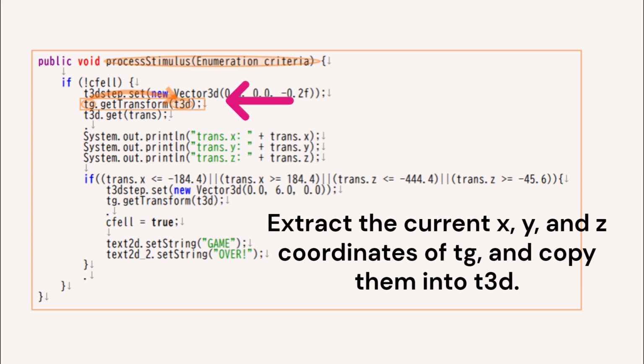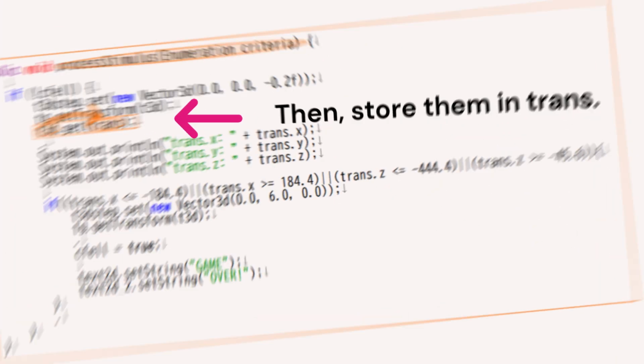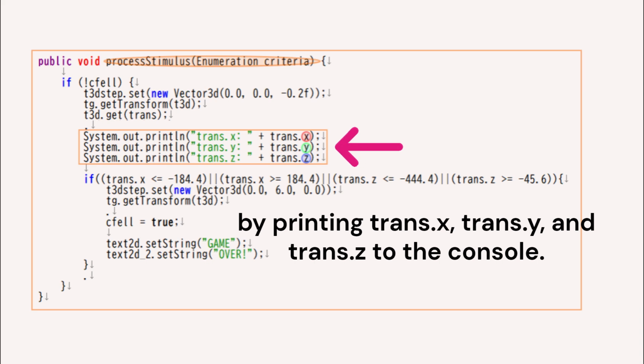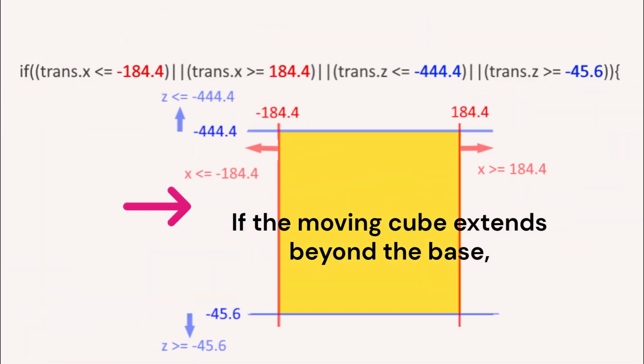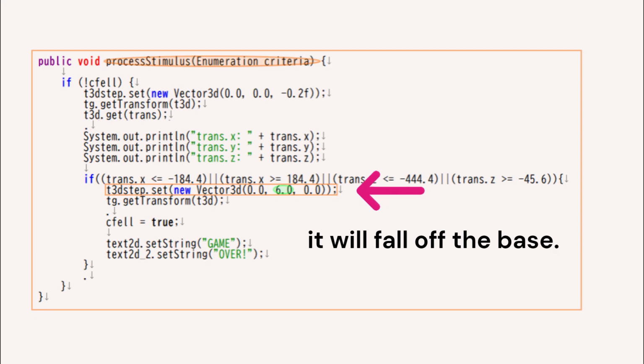Extract the current x, y, and z coordinates of TG and copy them into T3D. Then, store them in trans. You can check the current x, y, and z positions of moving TG by printing trans.x, trans.y, and trans.z to the console. If the moving cube extends beyond the base, it will fall off the base.